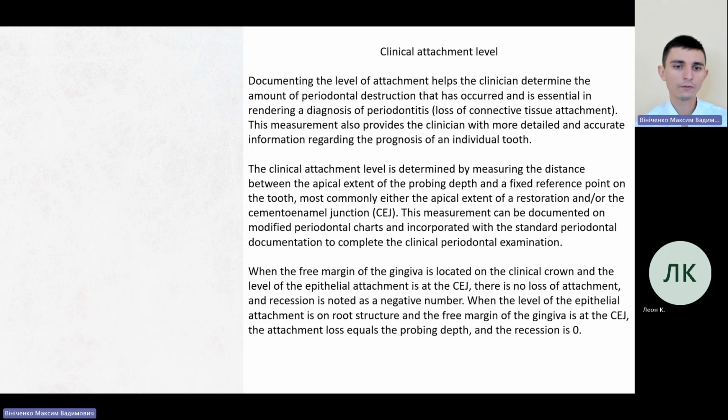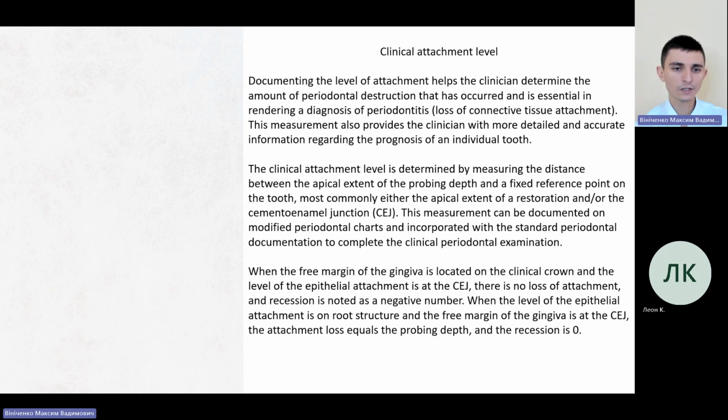This measurement also provides the clinician with more detailed and accurate information regarding the prognosis of an individual tooth. The clinical attachment level is determined by measuring the distance between the apical extent of the probing depth and a fixed reference point on the tooth, most commonly either the apical extent of a restoration or the cemento-enamel junction.